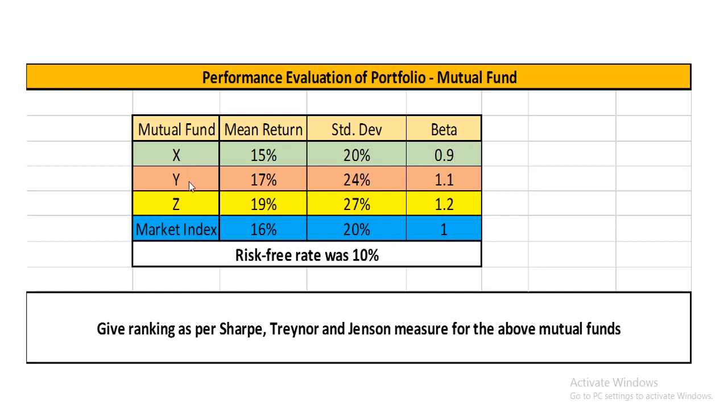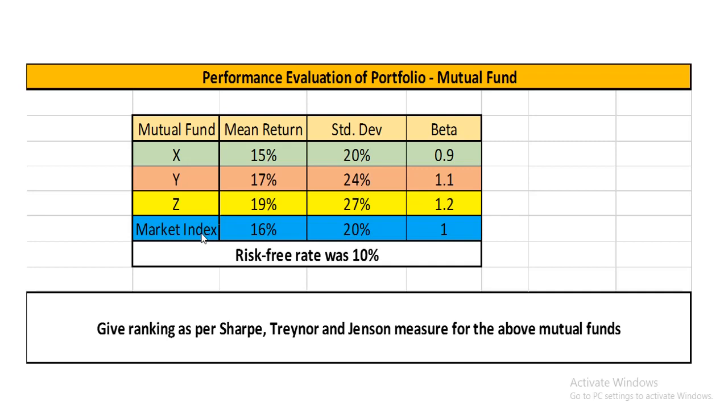Similarly, mutual fund Y gives 17% return, its standard deviation is 24%, its own risk, and its beta, the market risk, is 1.1. Mutual fund Z gave 19% past performance, and its standard deviation is 27%, which is the highest. Return is also highest, but risk is also highest. Its beta is also highest.